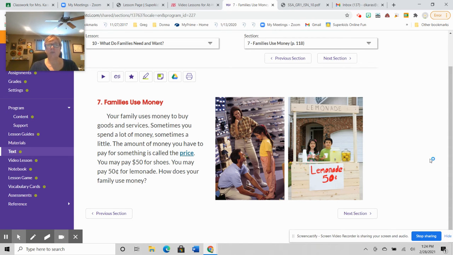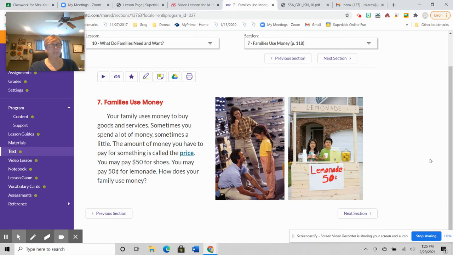And as we can see with these pictures, here's a little girl with her mother shopping for shoes. And there's also one where, and I'm sure it was with family's help, by looking at that great lemonade stand, this brother and sister decided to sell some lemonade. So everybody has a different way of using their money.